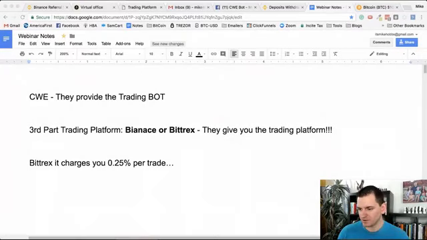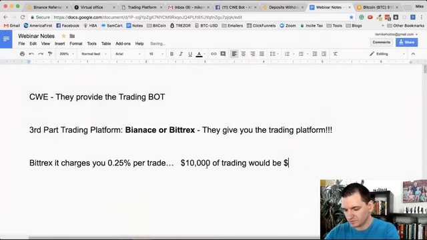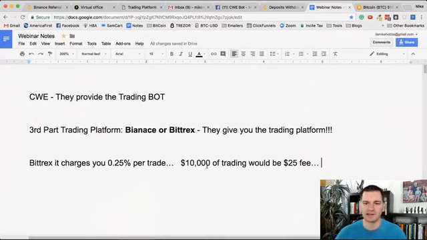times 0.0025, you would only be charged $25. So that's not bad. So basically $10,000 of trading would be a $25 fee. So I mean, we're not going to complain about that because that's not that bad, right?